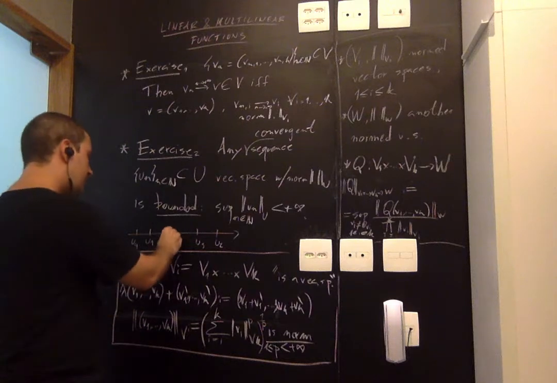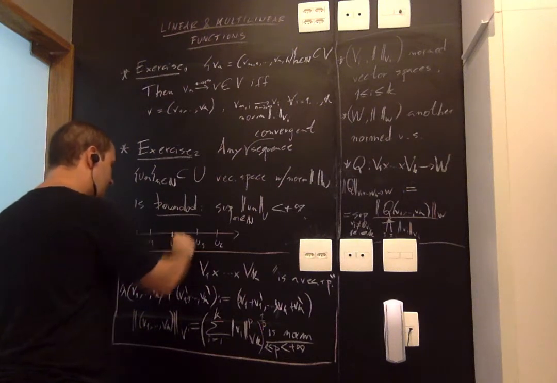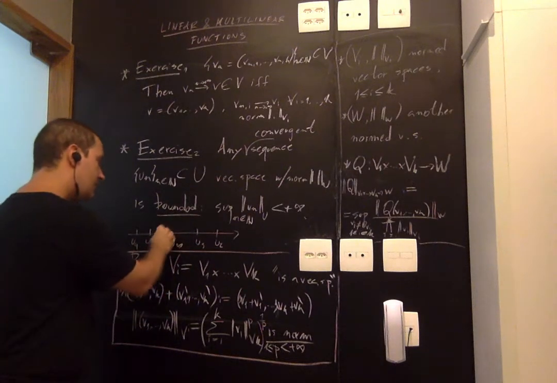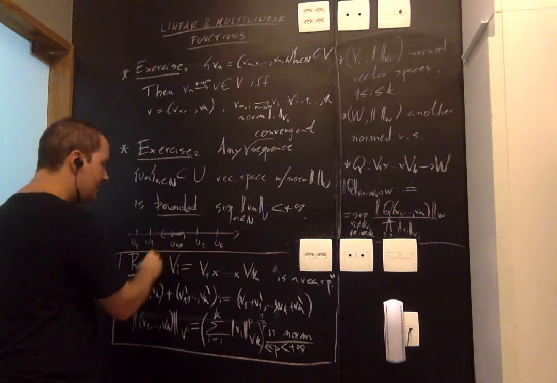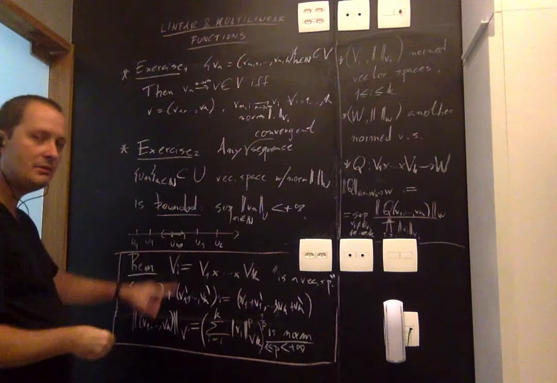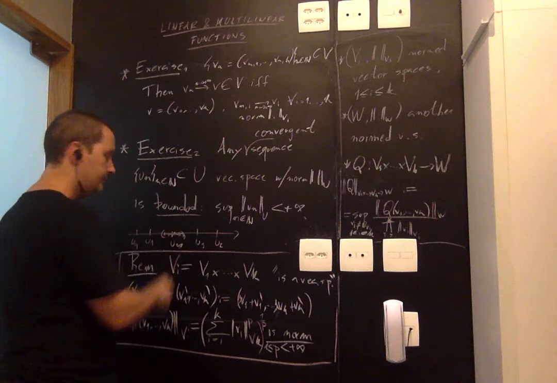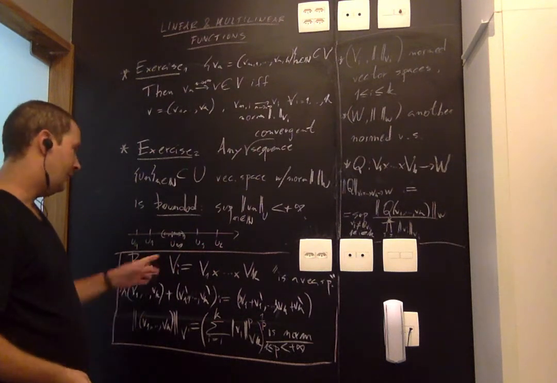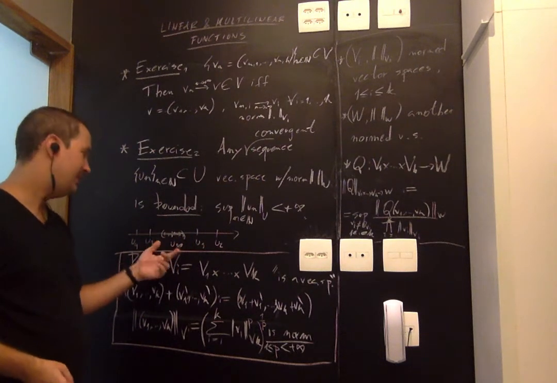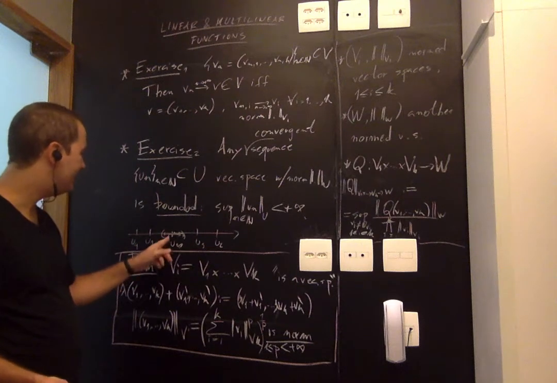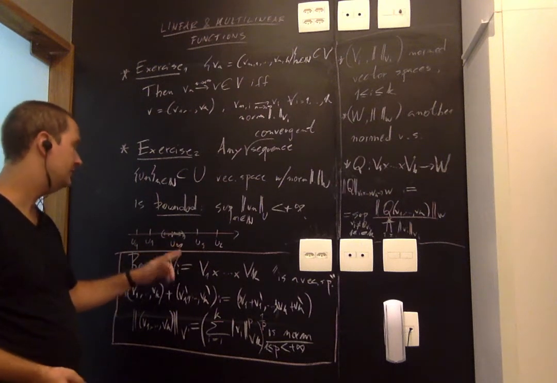Now, eventually, there's a limit here, which I'm going to call U infinity, the limit of the sequence. And all but finitely many terms of the sequence lie in this interval, or in this region around U infinity. I call it an interval because it's 1D.